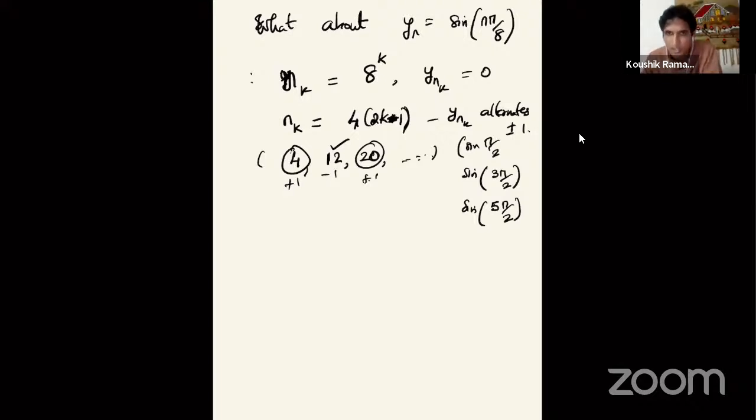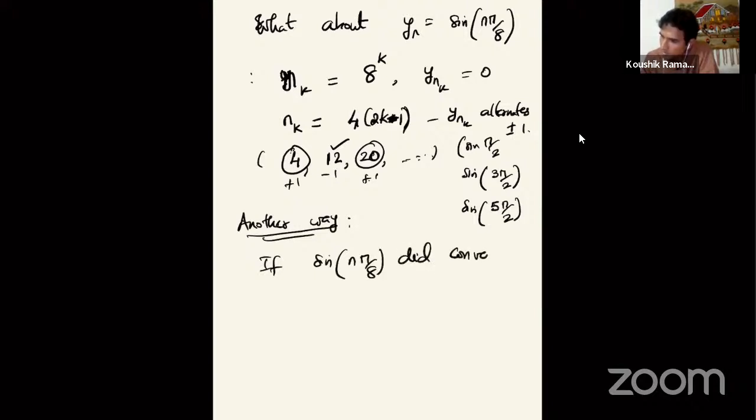Because we talked about algebra of limits, let me also indicate one way in that. These are all different ways to prove the same thing. Sometimes some method may be more useful or less useful. So another way, using algebra of limits. So if sine of n pi by 8 did converge, then there are trigonometric identities.